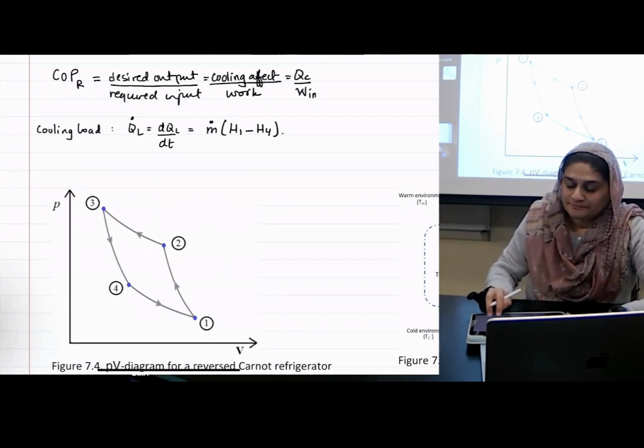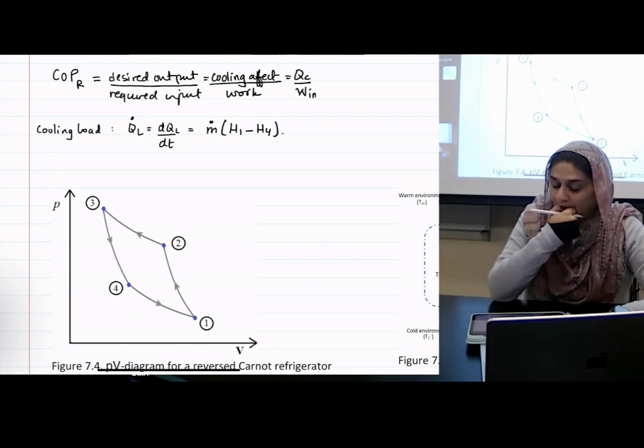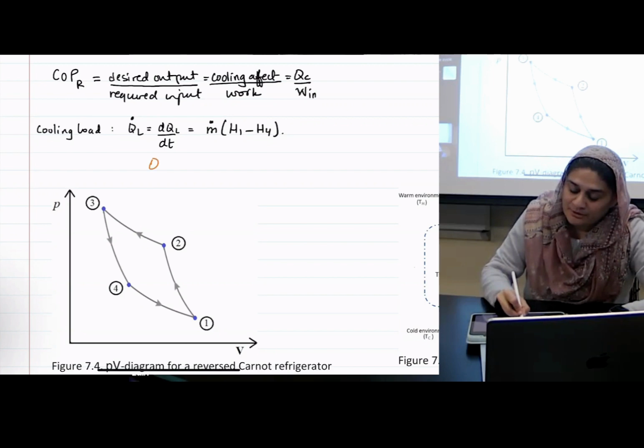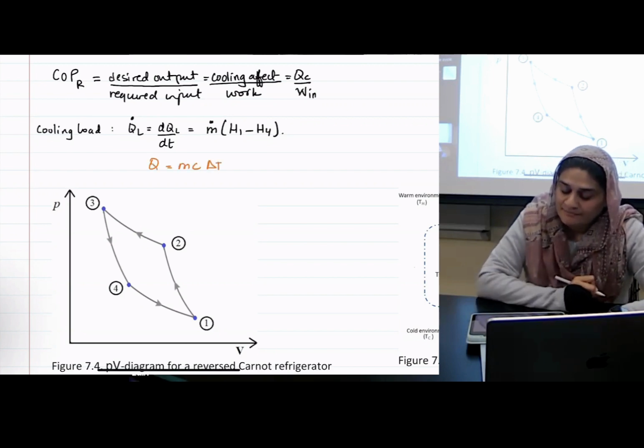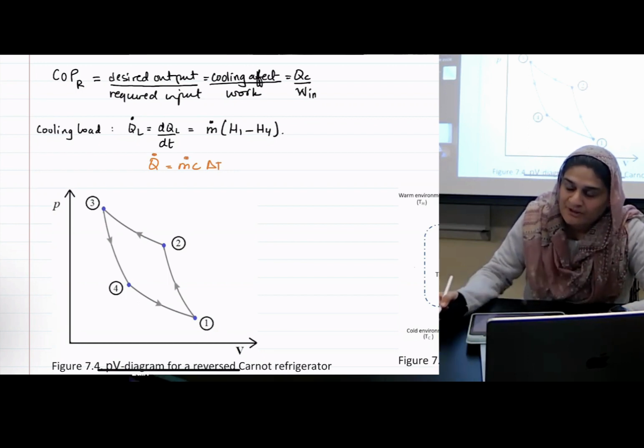Where do we get the m dot? Do you remember Q was defined as m C delta T? How would Q dot be defined? How much mass is being moved. Is C a constant? Is delta T a constant?